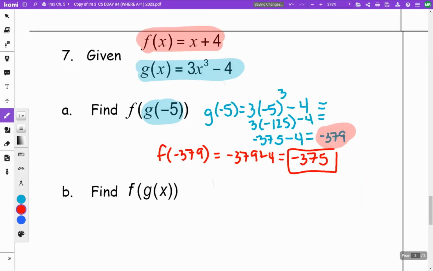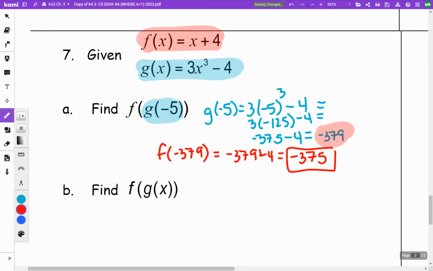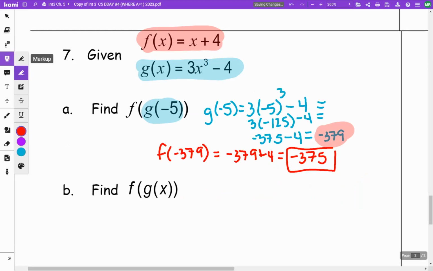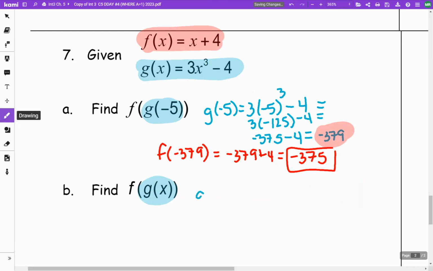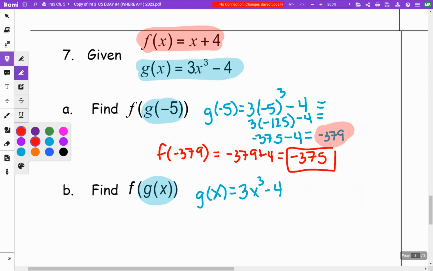Now, in the next one, I'm going to be getting an equation. So again, I am going to be starting with g of x, okay? And g of x is equal to 3x cubed minus 4. And now I'm going to take that and put that into f, okay?